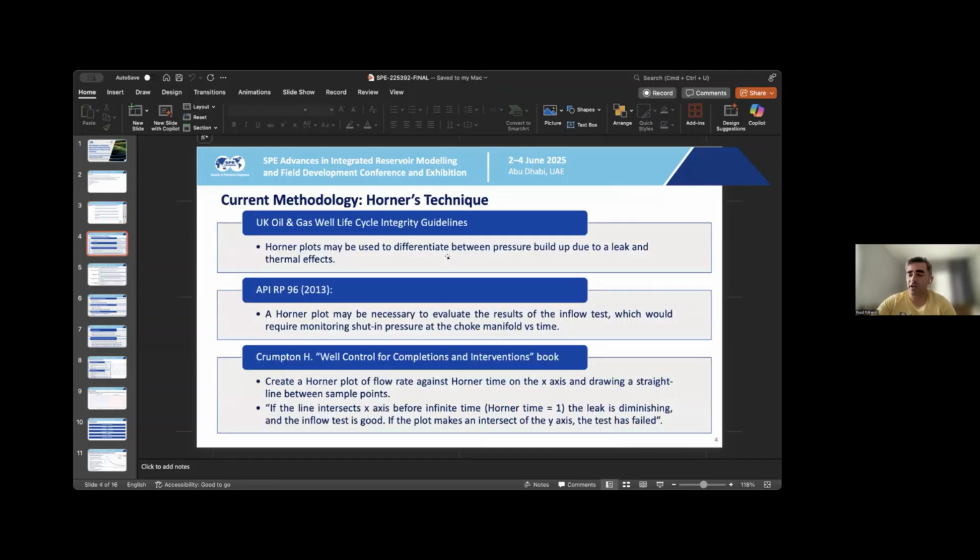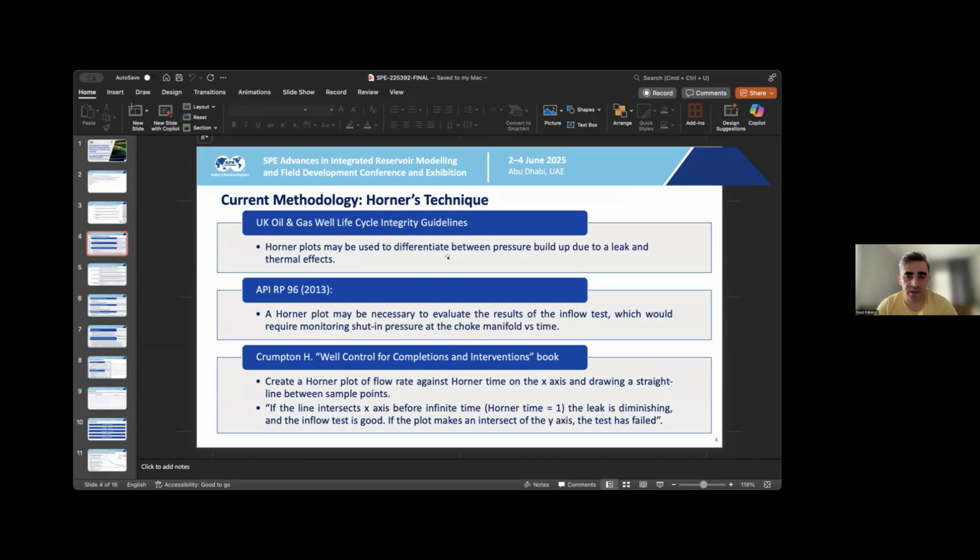So basically, to give an overview, in the oil and gas industry, the well integrity standards do not set hard requirements on how to interpret liner inflow tests. There are some well integrity guidelines that I took from various literature, like UK Oil and Gas, API RP 96, and one book on well control, Crompton's book, Well Control for Completions and Interventions.